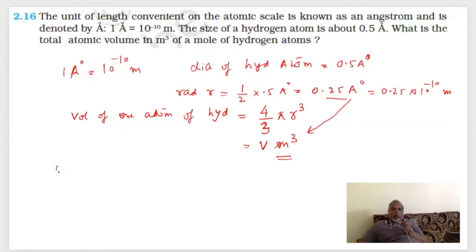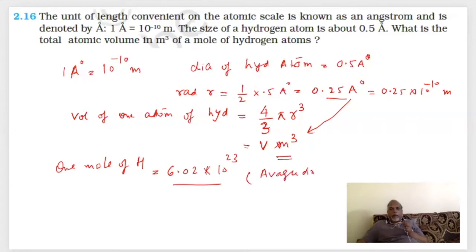And 1 mole of hydrogen will contain how many atoms? 6.02 into 10 raised to 23. This is Avogadro's number. Please do remember this also.